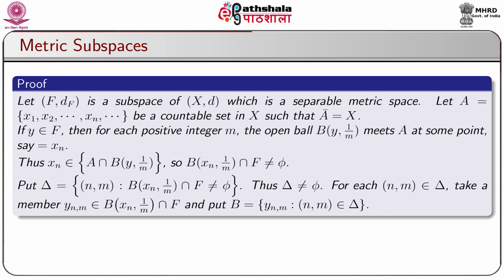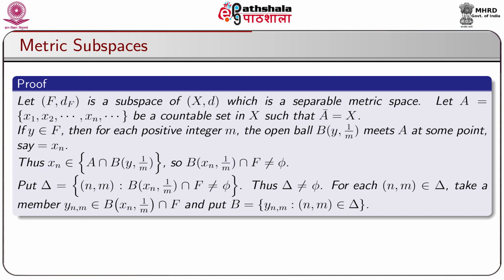Let A = {x1, x2, ..., xn, ...} be a countable set in X such that the closure of A is equal to X, that is, A bar is equal to X. Because X is a separable metric space, that is why we have written A bar is equal to X.